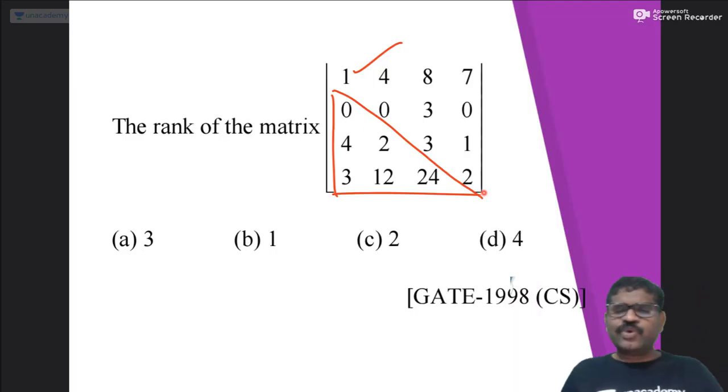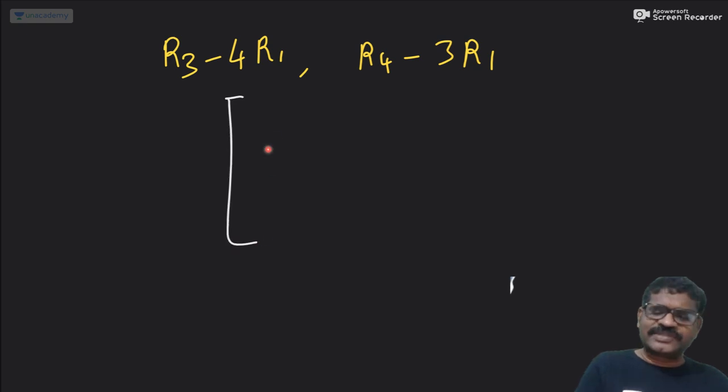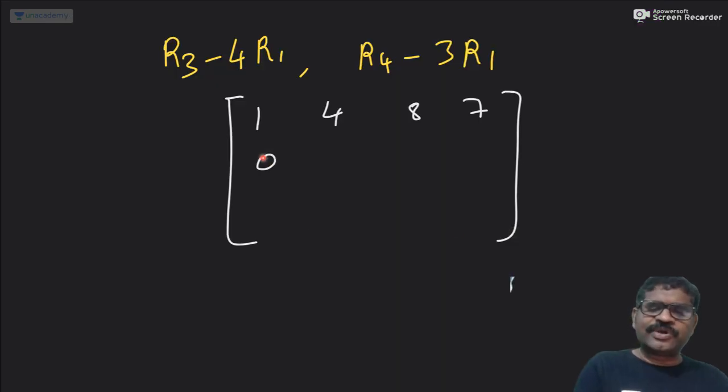When you look at R4 and R3, we found that they are proportional. That's why R4 minus 3 times R1. Write the first row as it is. First row is 1487. Second row 0030.